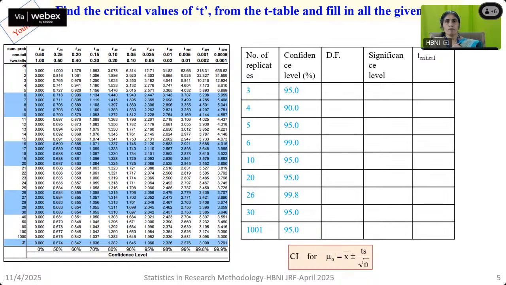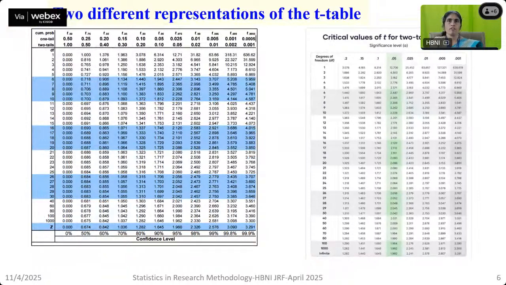If you have only repeated measurements and are not calculating the mean, then the equation becomes x plus or minus ts. As we have seen, the standard deviation of the mean is nothing but the standard deviation divided by square root of n. S by root n is the standard deviation for the mean if you have n number of measurements.